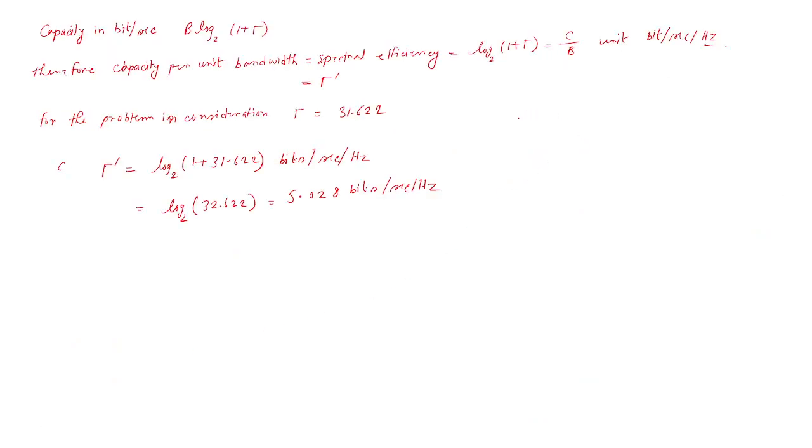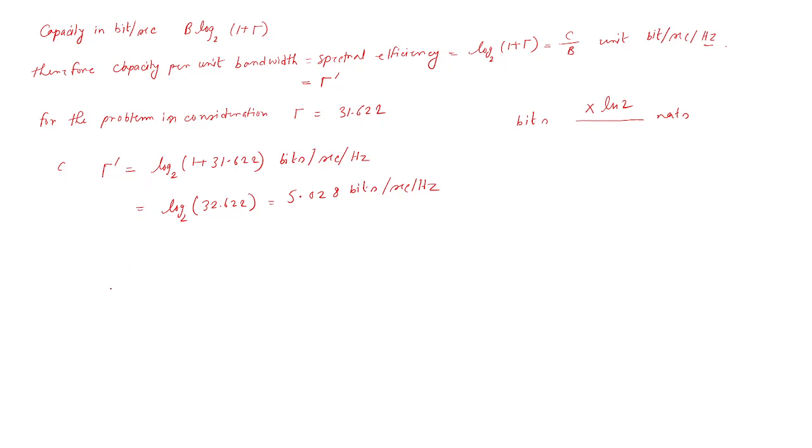So we can write that the bits to nats journey consists of a multiplication by ln 2.